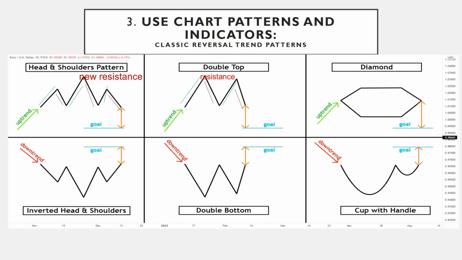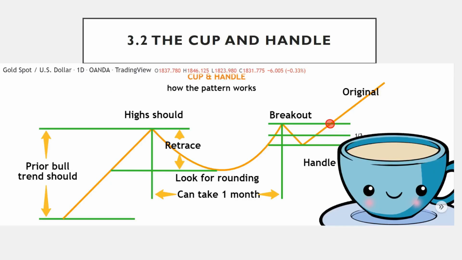I have a better picture of the cup and handle here. So this is the cup and handle. The cup and handle is best used when there's a prior bull run. Okay, so when there's a bull trend and you want to confirm if the bull trend is going to continue, the cup and handle works very well in such a situation.